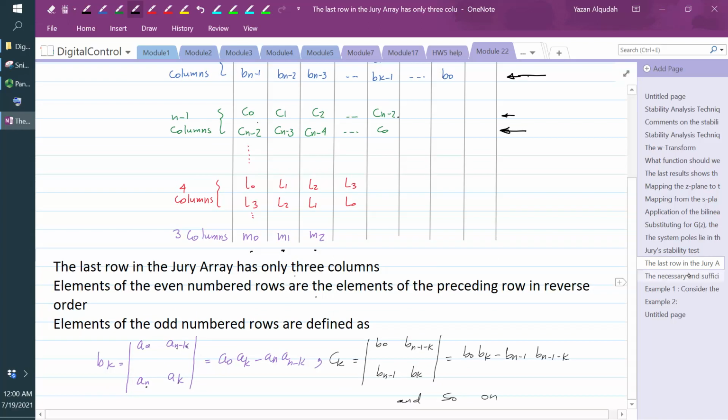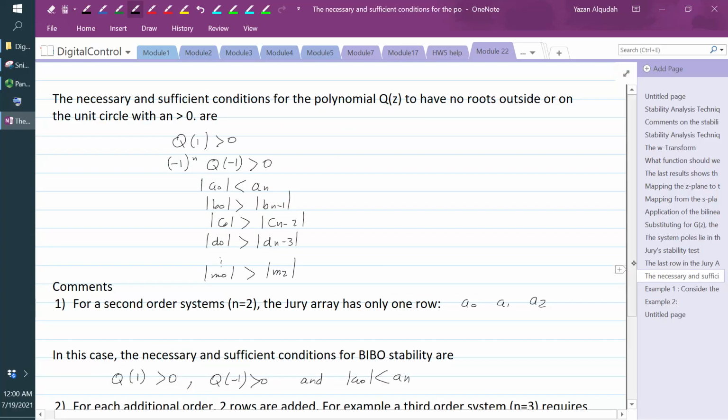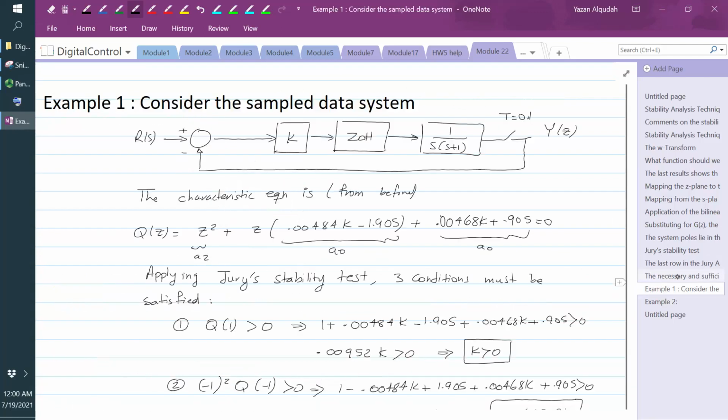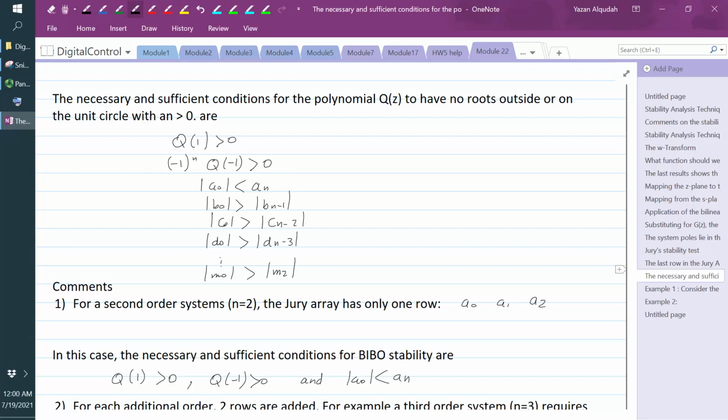Okay, so how do we determine stability? After we create this table, the necessary and sufficient condition for the polynomial Q(z) to have no roots outside or on the unit circle, with an greater than 0, is that Q(1) has to be greater than 0, and (-1)^n multiplied by Q(-1) has to be greater than 0.